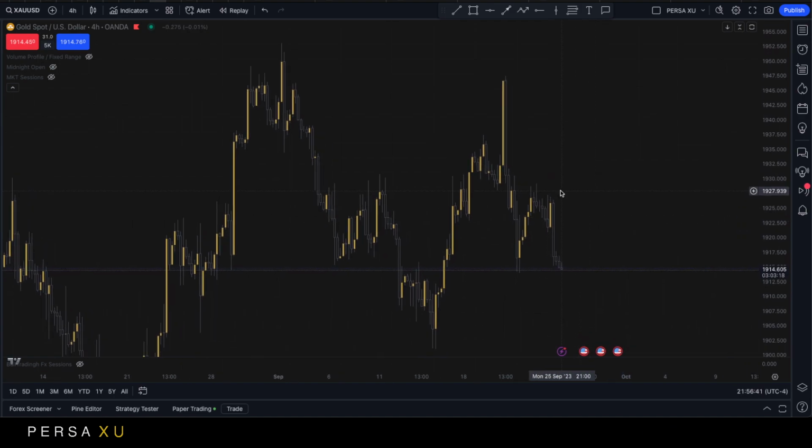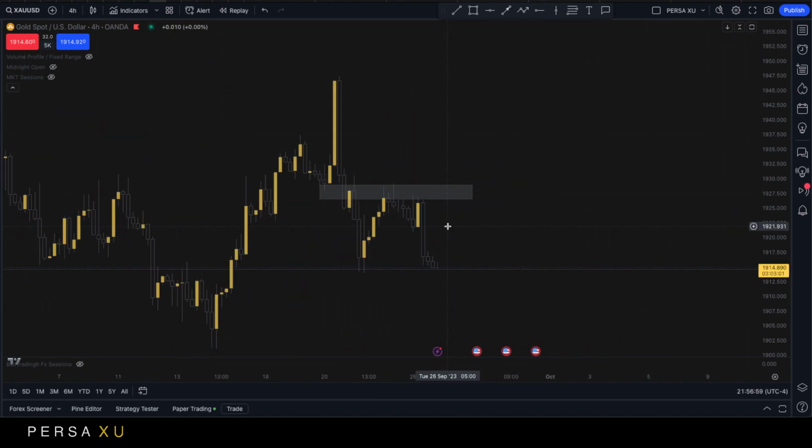If you go back to my last video before this one, we had a resistance area somewhere over here. We made an analysis right when price was roughly around here. I'm going to zoom in.